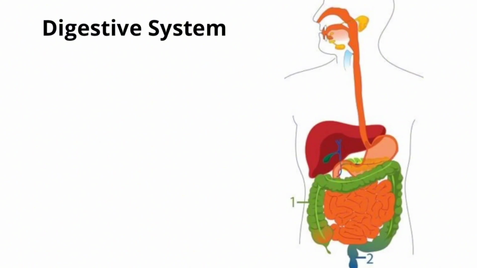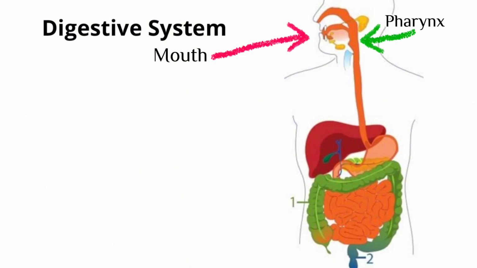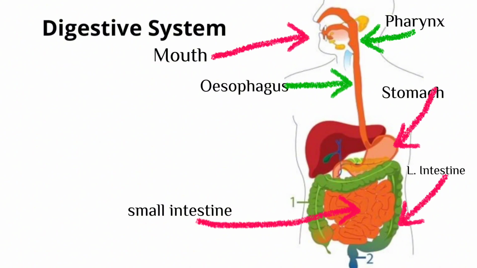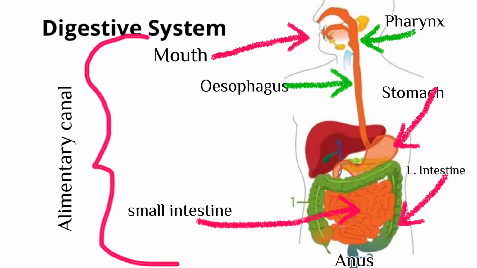Now the digestive tract in the human body: first the mouth, then the pharynx, then the long pipe, the esophagus, which leads to the stomach, then the small intestine, the large intestine, and the anus, where waste is excreted. This long pipe from mouth to anus is known as the alimentary canal.